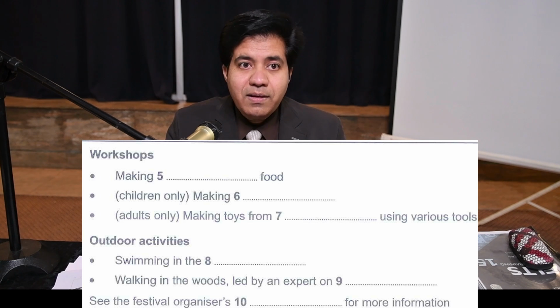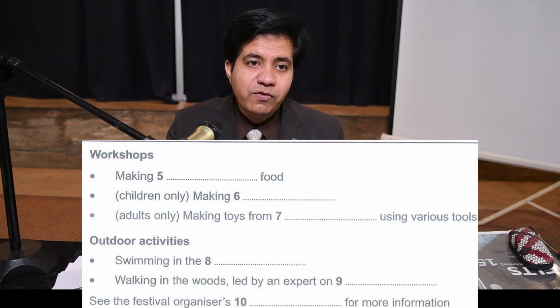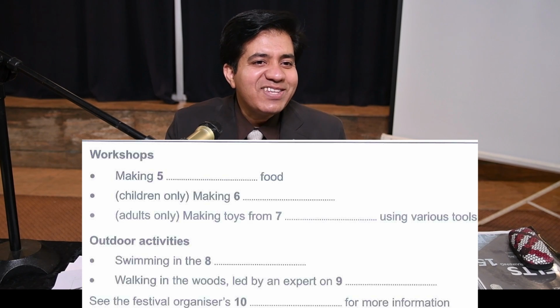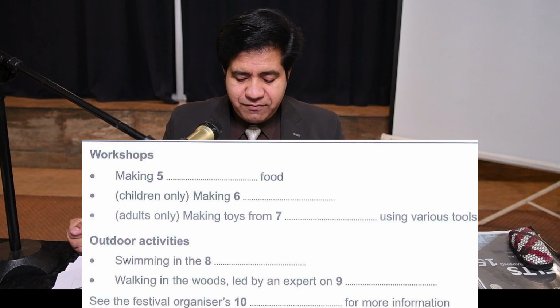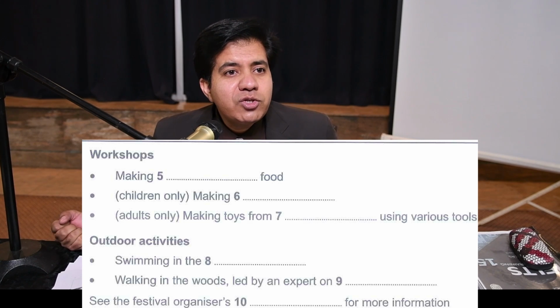Exactly. Wood. Participants will be making toys from wood. And how do you spell wood? Good. Not W-O-U-L-D. Okay. That's right. Wood. Clear. Good job. Now, outdoor activities. Last 3 questions. Swimming in the. Understood.